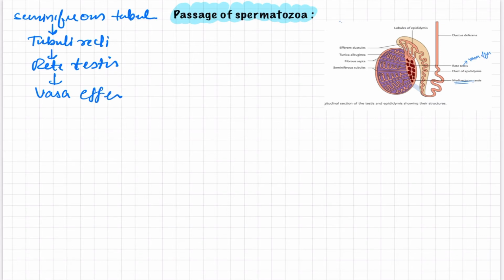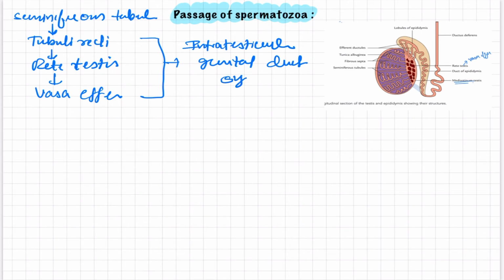All these three are present inside the testes, so they are called the intratesticular genital duct system.